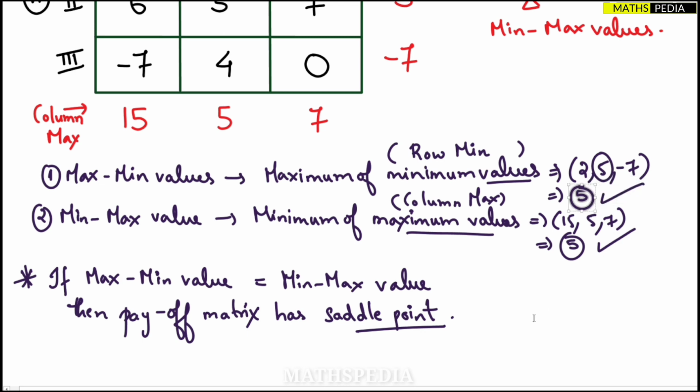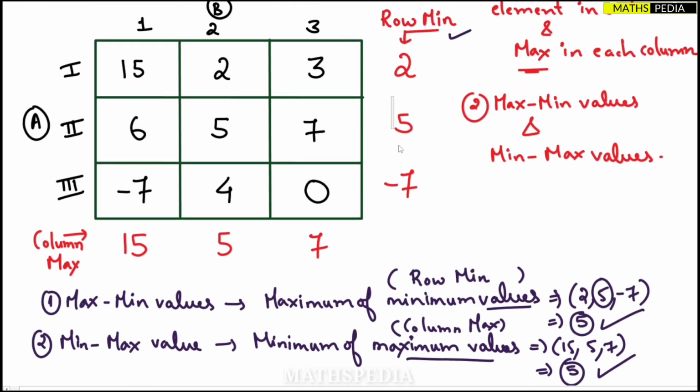Now where is 5 sitting? If you observe here, this was the 5. In row minimum we found out the maximum value, and in column max we found out the minimum value, which is 5.